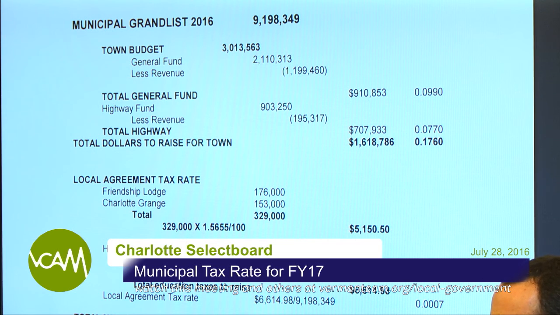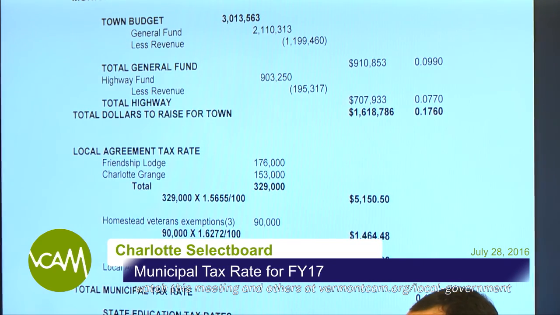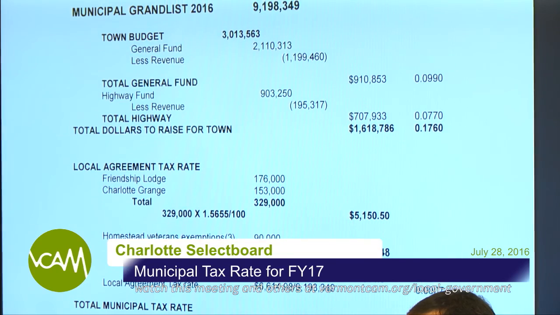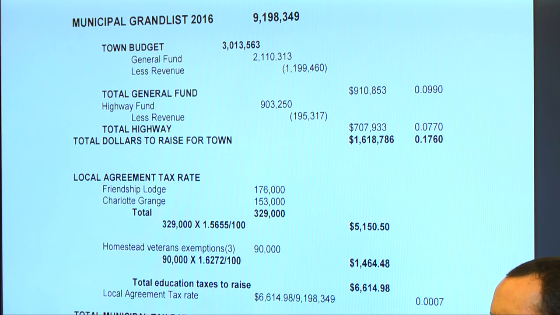The local agreement tax rate is, we exempt the Friendship Lodge and the Shalott Grange from taxes. The state requires us to pay the education tax portion, regardless of us telling them they don't have to pay any taxes.